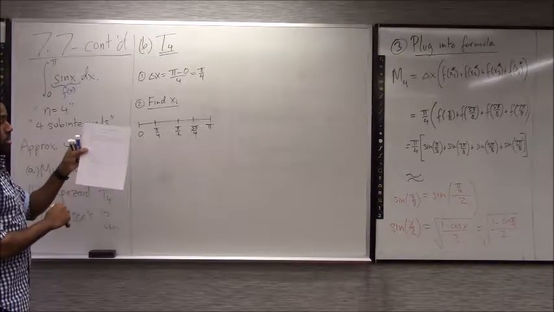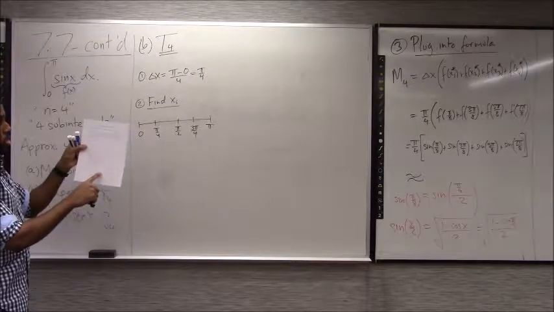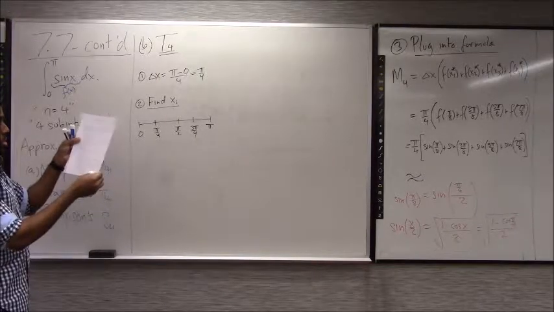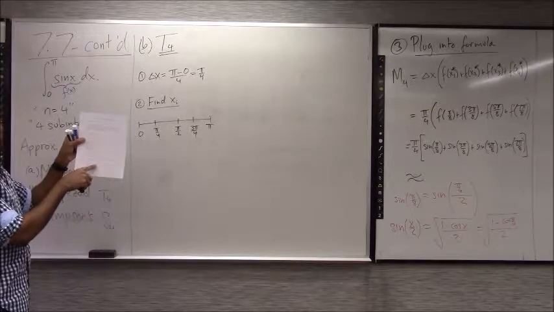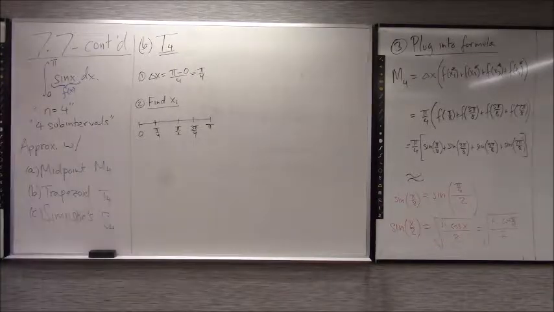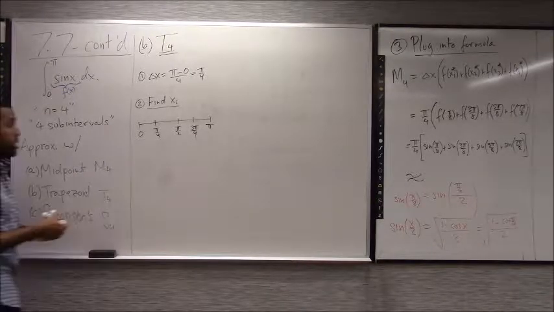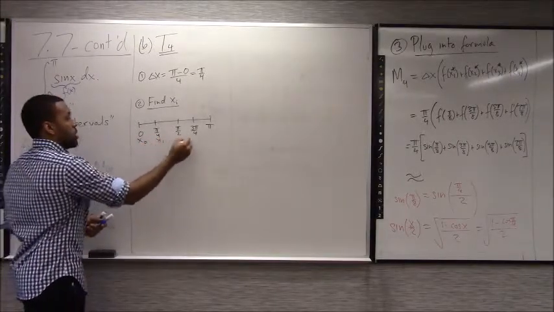Now, by the way, you'll notice that some formulas start with x1, whereas some formulas start with x0, and so on. I just want you to be aware that x0 is always going to be the first one, where this is x1, and we count up from there.